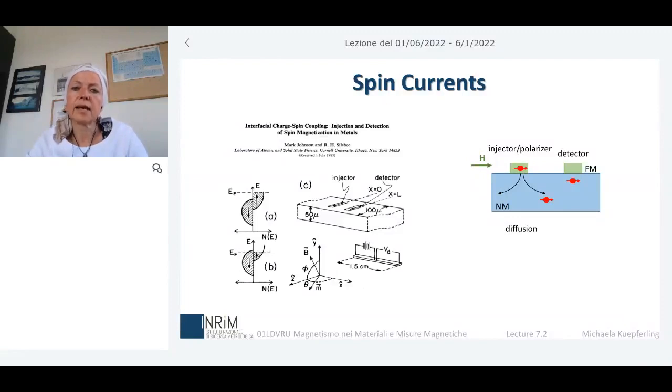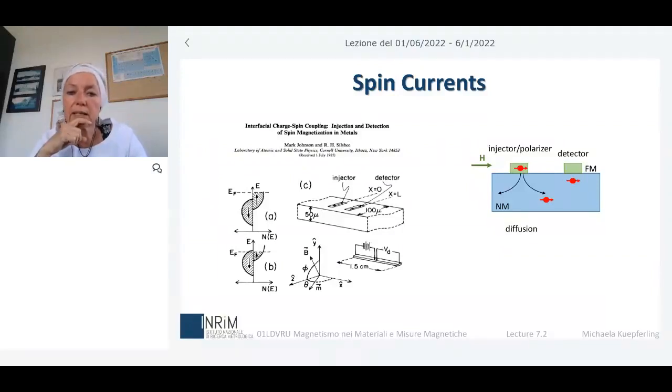And this amplifies certain effects, let's say, and brings new effects. But if you want to go in the direction of pure spin currents, as I mentioned at the beginning, because this could be more convenient for energetical reasons, not to separate charge from the spin, how can we do that?